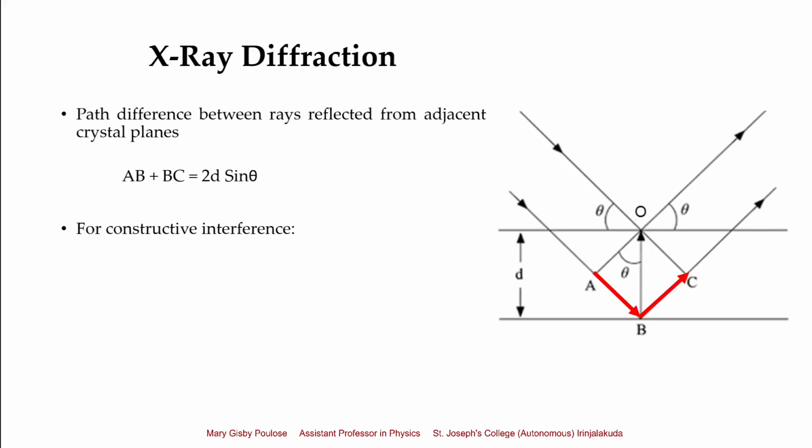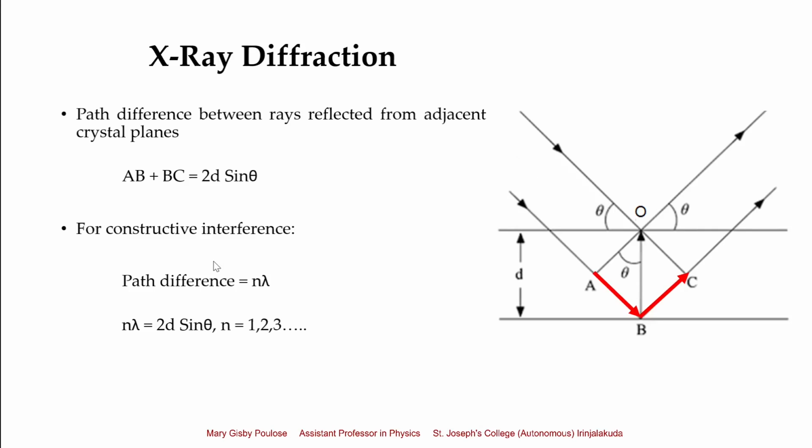Now, for constructive interference to take place, the path difference between the interfering waves should be an integral multiple of the wavelength lambda. Here, the path difference is 2d sine theta.